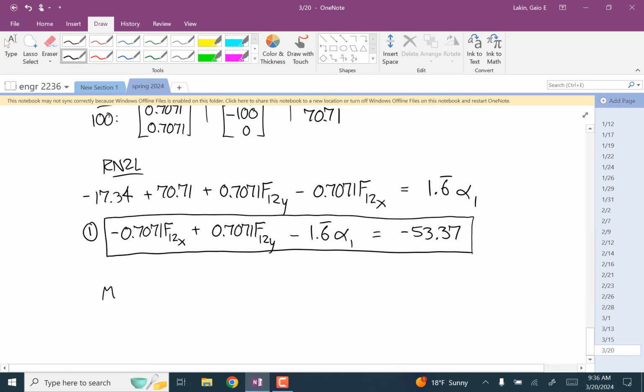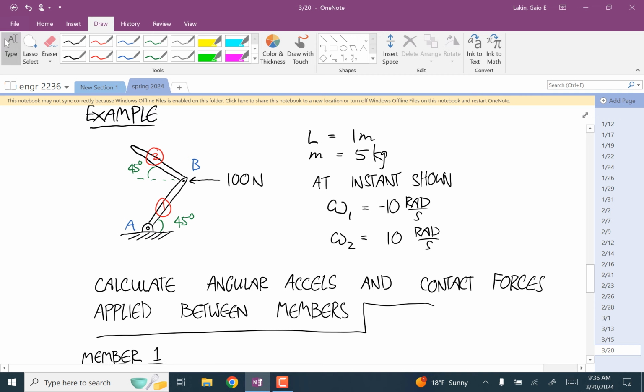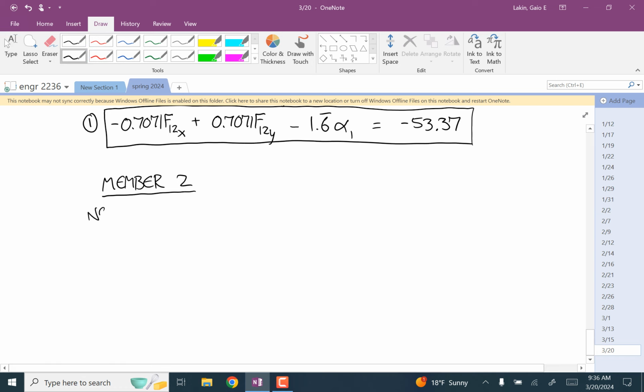And now we'll go to member 2, and start over again with the steps for a rigid body. Does member 2 have a fixed point? No. And so the about point is the center of mass.